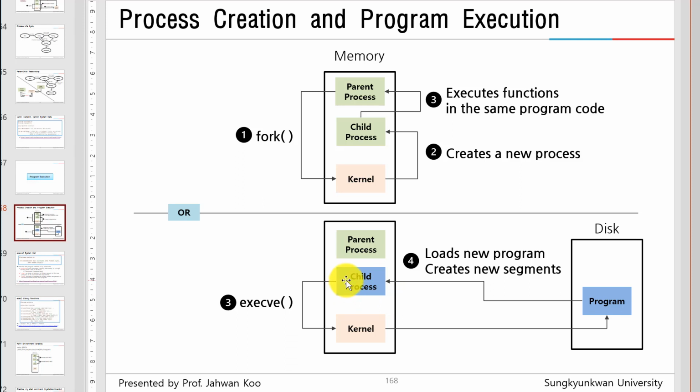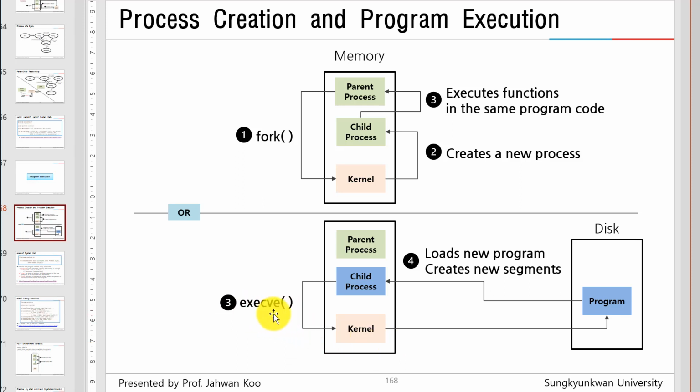The child process uses the execve system call to load and execute an entirely new program. Step 4.